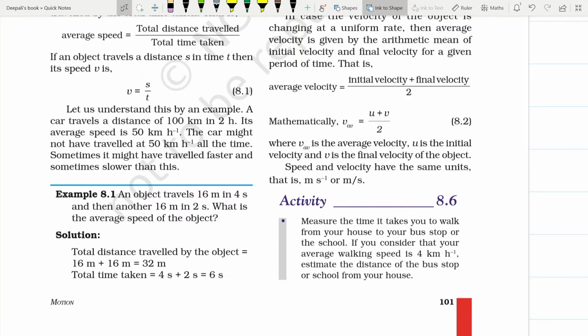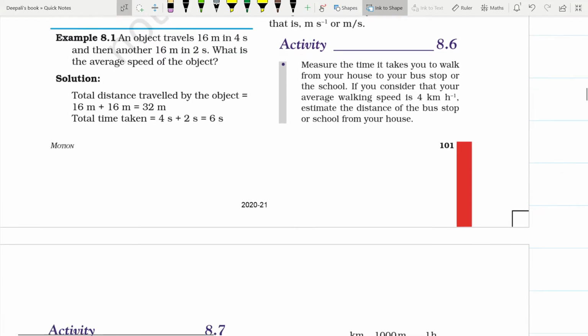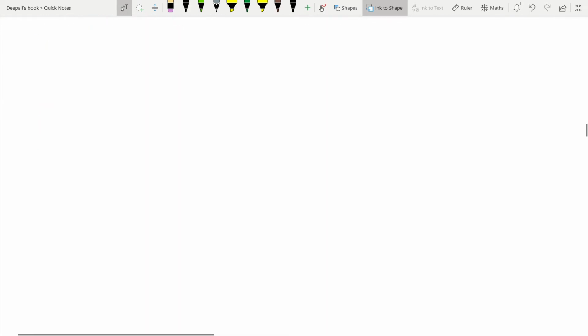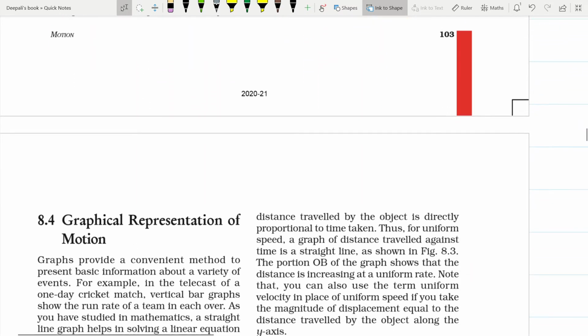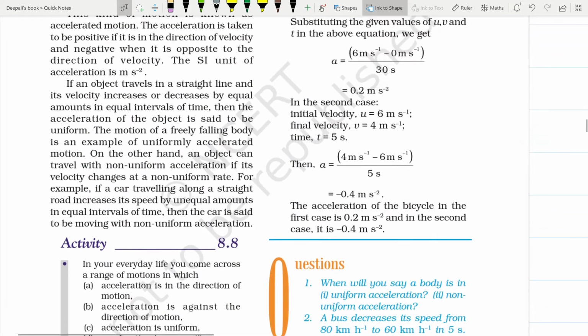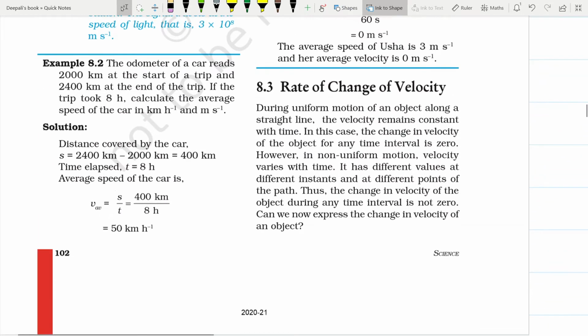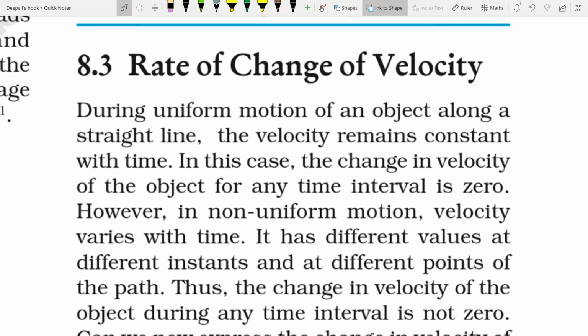Average velocity is initial velocity plus final velocity divided by 2. But what if there is a change in this velocity, as in day-to-day life velocity cannot be constant? So, let us understand what is rate of change of velocity.